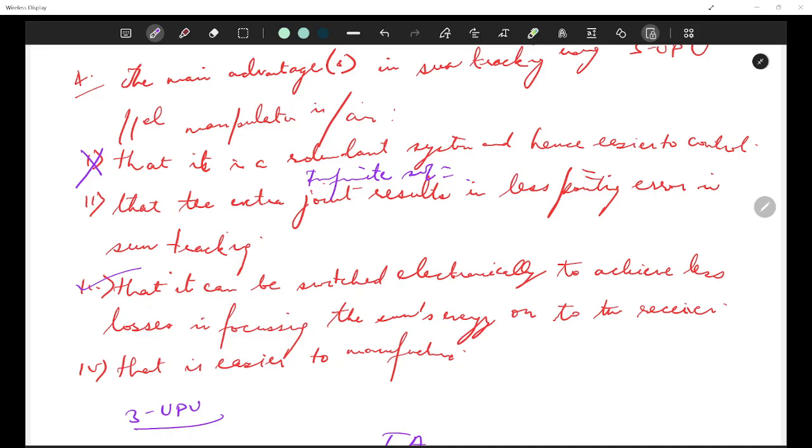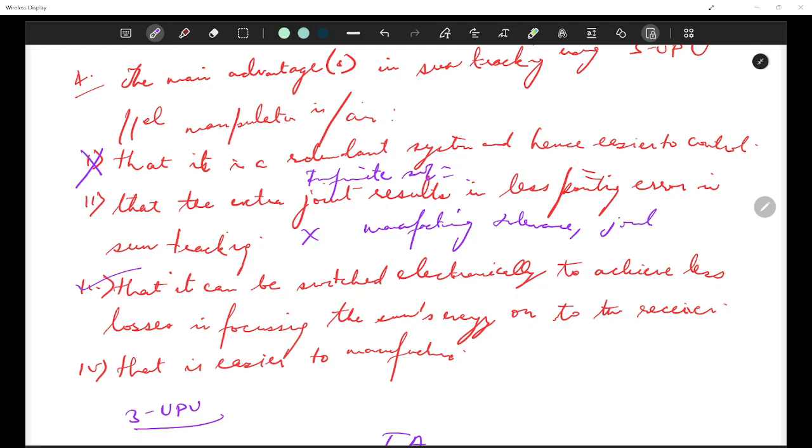Let's talk about option B. The extra joints result in less pointing error in sun tracking. Okay. So extra joints do not automatically reduce the pointing error. This is completely wrong. And why? Pointing error depends on manufacturing tolerance. It depends on joint play.